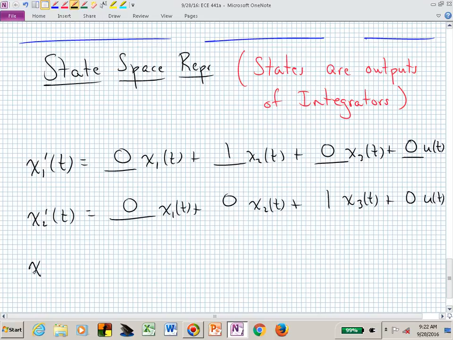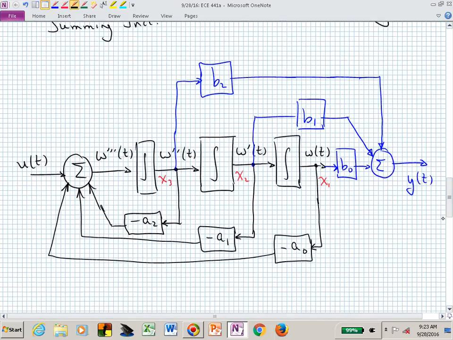And x sub 3 prime is where we get a little bit more interesting, because now that's x3 prime, the triple prime that we had identified before, and now it's this linear combination of all of our states and the input.